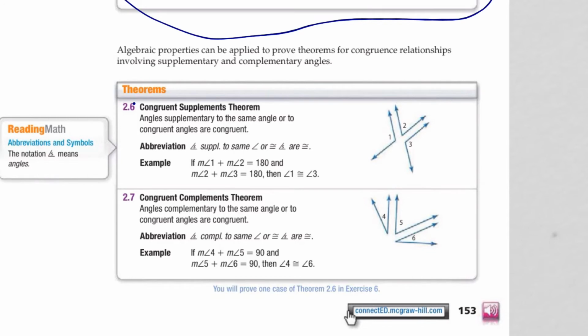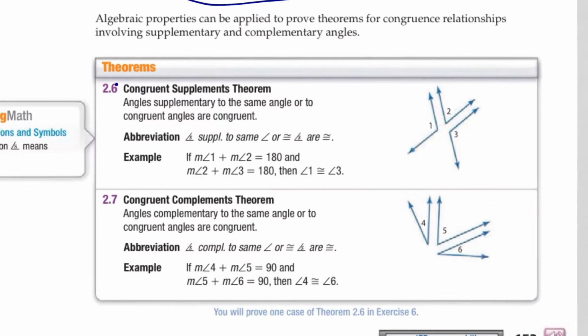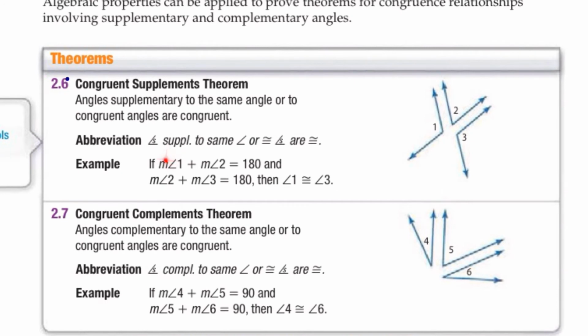Congruent supplements theorem, saying angles supplementary to the same angle or to congruent angles are congruent. This one's a little trickier. For example, I like their example. It says if measure of angle 1 plus measure of angle 2 is 180, and measure of angle 2 plus measure of angle 3 is 180, then what? It's kind of like transitive. If I cut off the middleman, they're saying then measure of angle 1 plus measure of angle 3 has to equal 180.